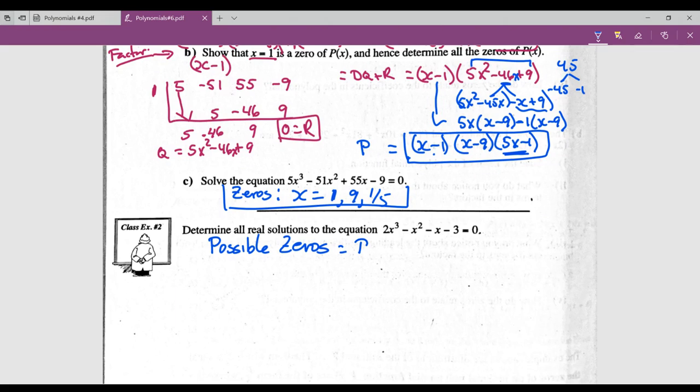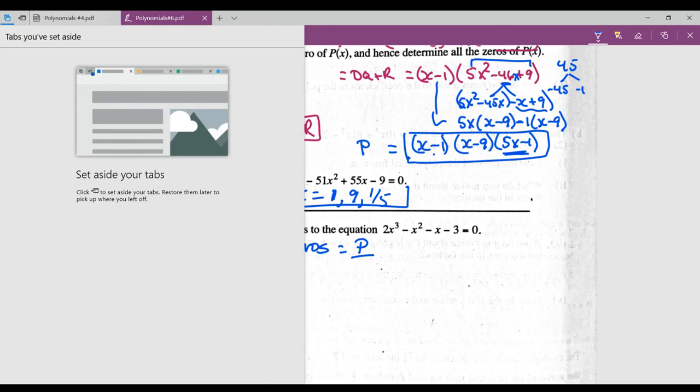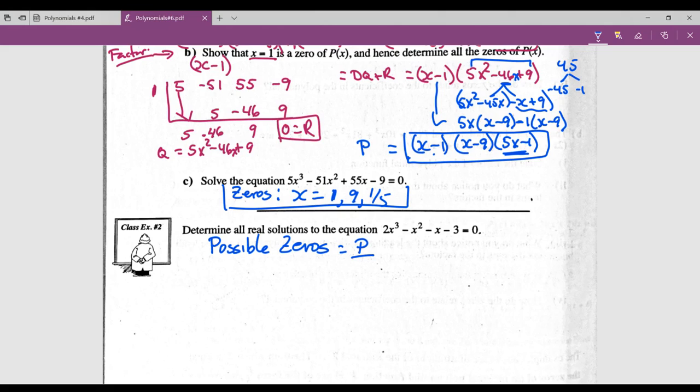So remember, it's P over Q. So what are the potential zeros, or potential factors of 3? Plus minus 1, plus minus 3, divided by potential factors of 2, plus minus 1, plus minus 2.